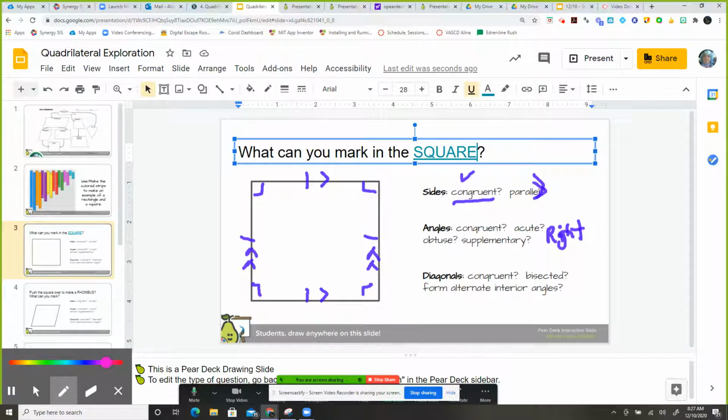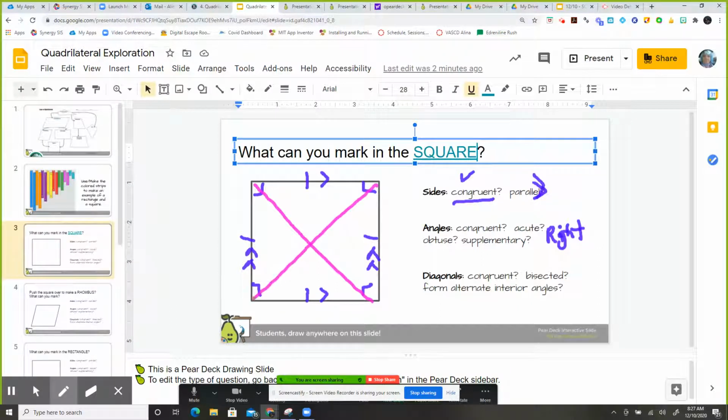So we've got our square, we've got right angles, we've got parallel sides and congruent sides. What about the diagonals? Are the diagonals exactly the same? What do you think?